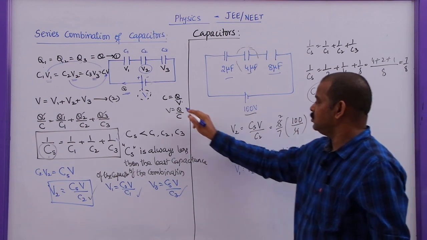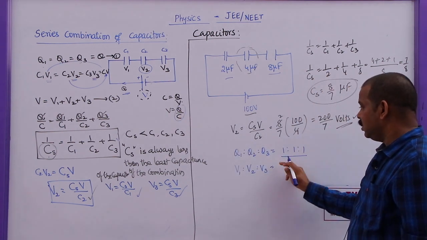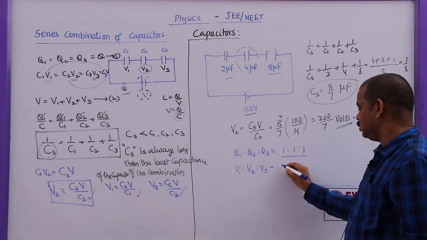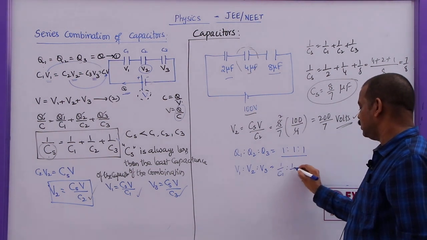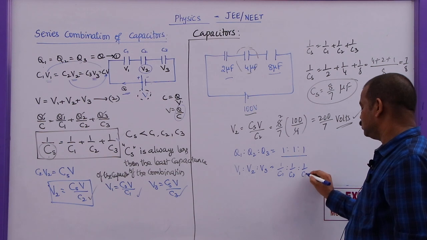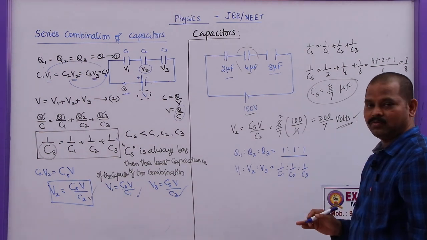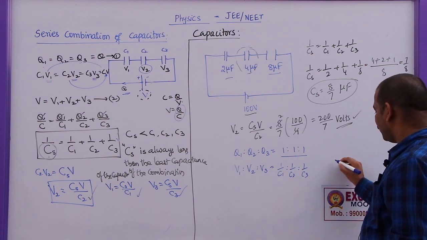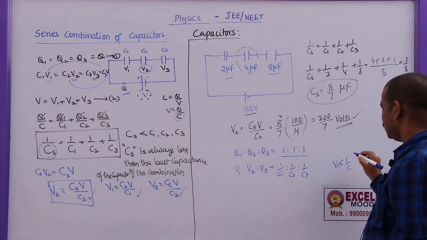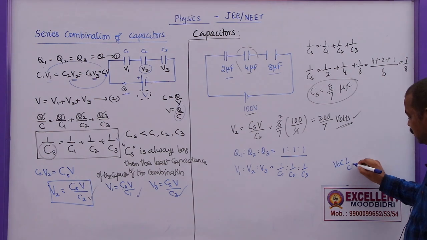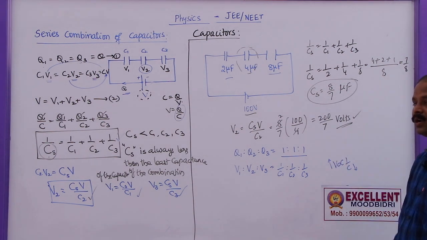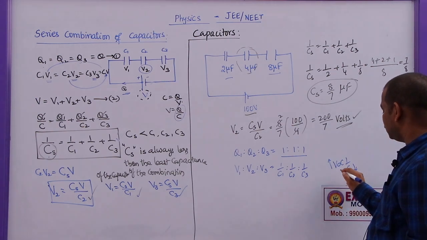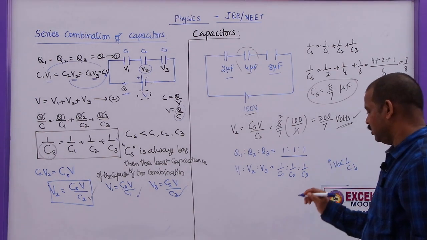We know that V is equal to Q by C, that is Q by C1 is to Q by C2 is to Q by C3, or I can write 1 by C1 is to 1 by C2 is to 1 by C3, as Q1, Q2, Q3 are the same. So, we can say V is inversely proportional to C. That means, if the capacitance is less, the potential drop across that one will be more. So, this is inversely proportional to the capacitance in series combination.